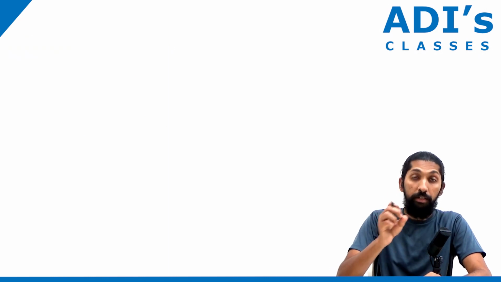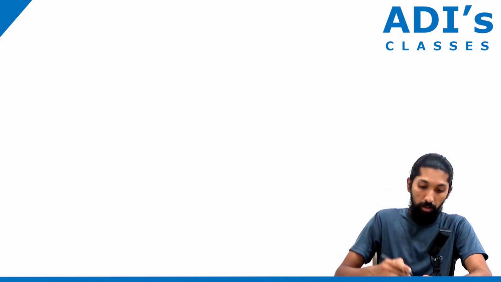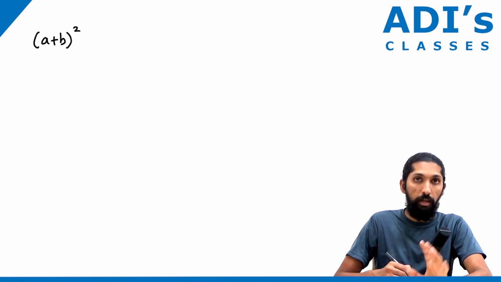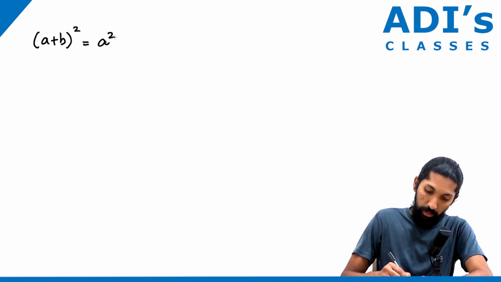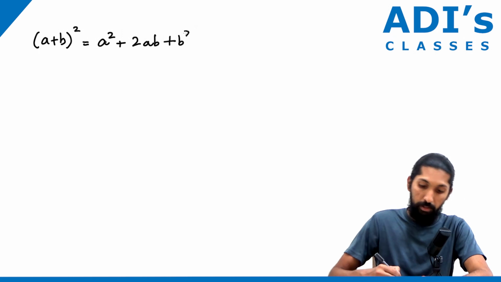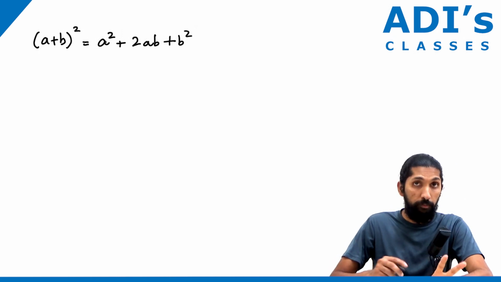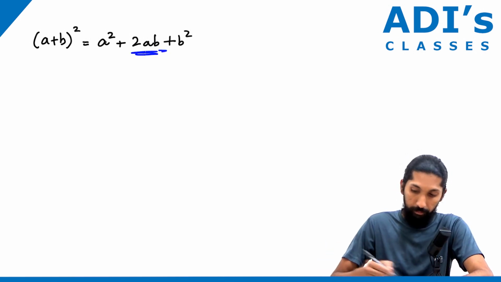To start with, let's take a very simple example, (a plus b) whole square, n being an even number. What you have is a square plus 2ab plus b square, correct? Of course, you have a midterm, and the midterm is the 2ab part here.